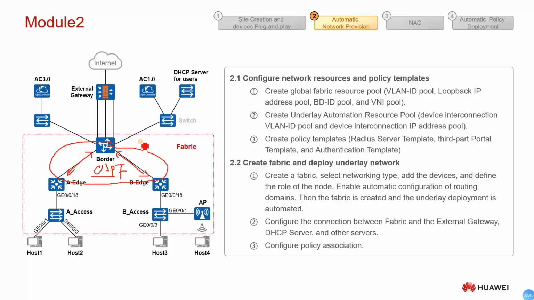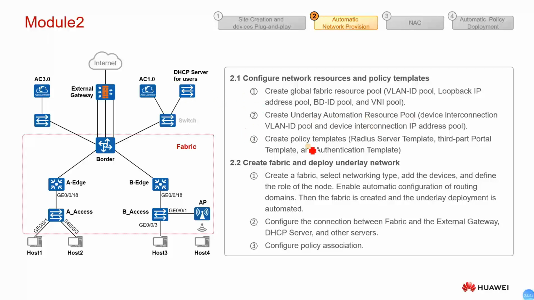All of these configurations we call the underlay configuration. The underlay configuration can all be done by AC 3.0. You do not need to log into the device. And in order to do that, you also have to define the underlay automation resource pool.